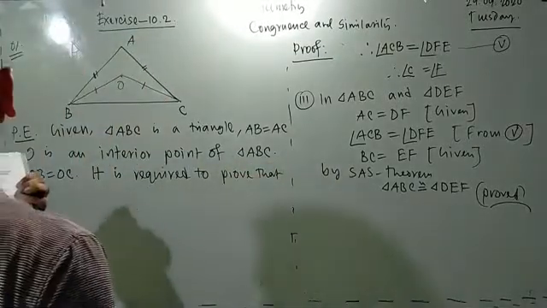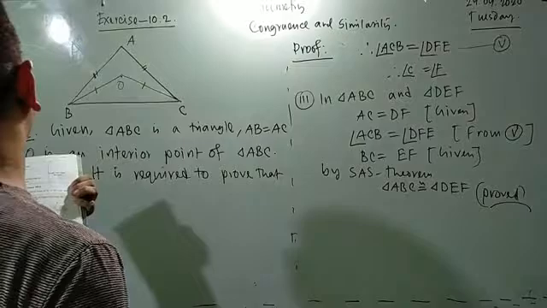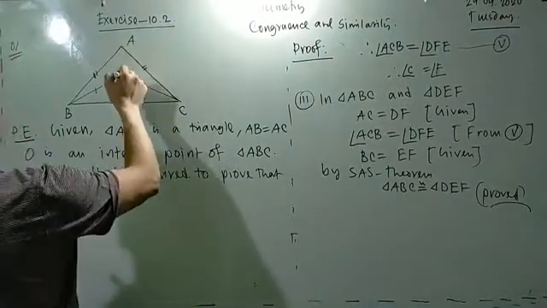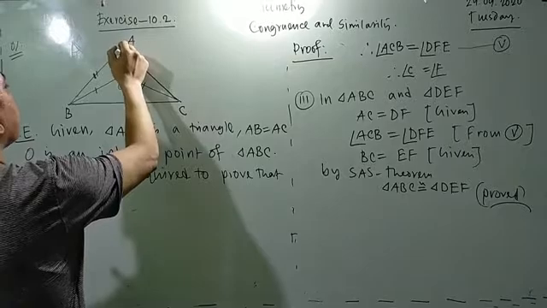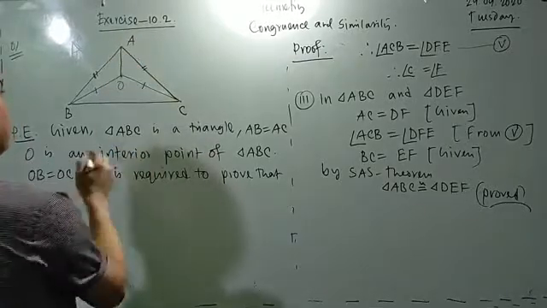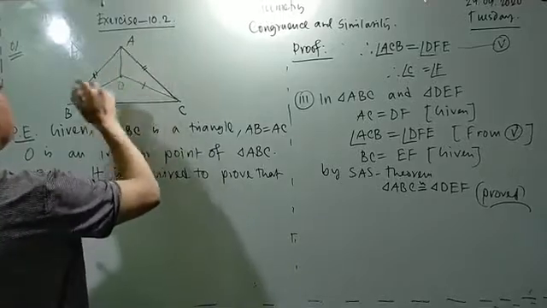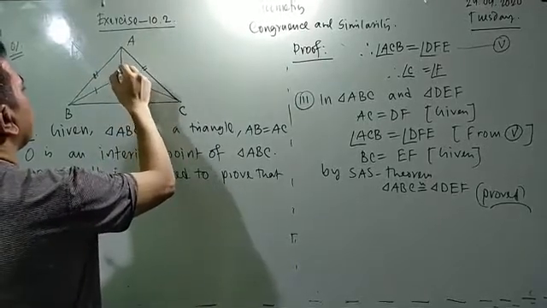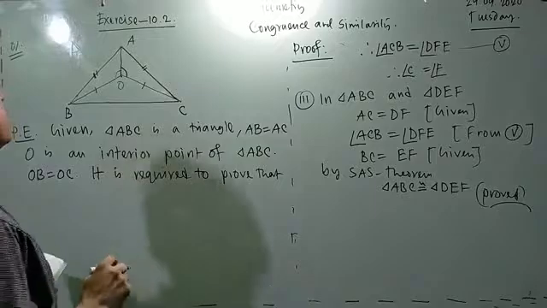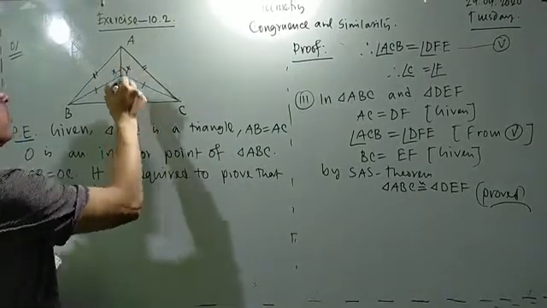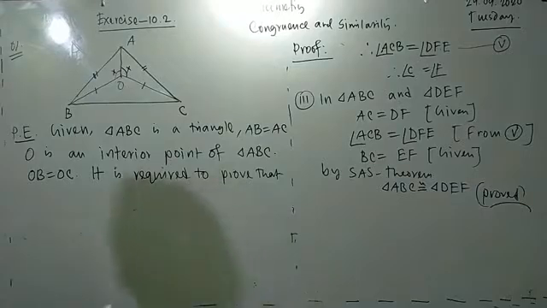We have to prove angle AOB. That means we have to add a line. In the construction, we will write just join OA. So angle AOB, I mean this angle, is equal to angle AOC. We have to show this angle is equal to this angle. That is our target.